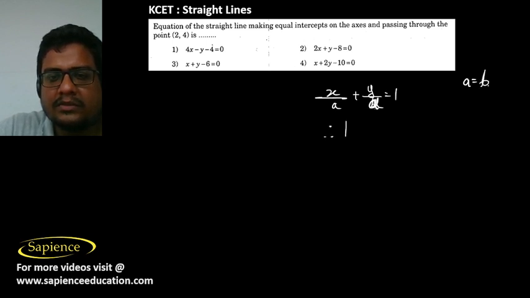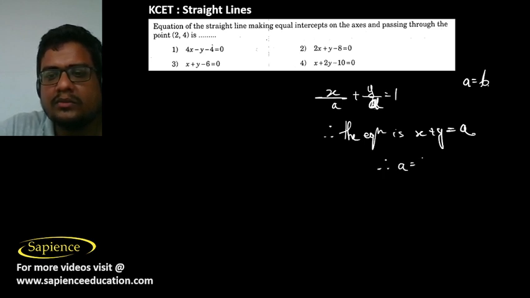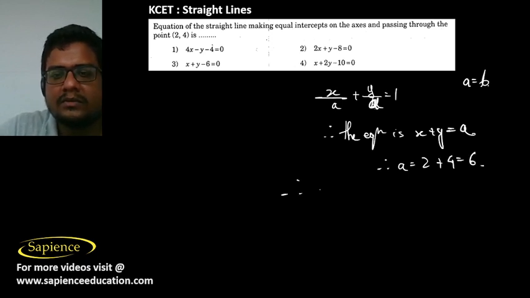Therefore the equation of the line will be of the form x plus y equals a. Now it should pass through the point 2 comma 4. Therefore a should be equal to 2 plus 4, that is 6. Therefore the equation of the line will be x plus y equals 6 or x plus y minus 6 equal to 0, and 3 is the correct answer.